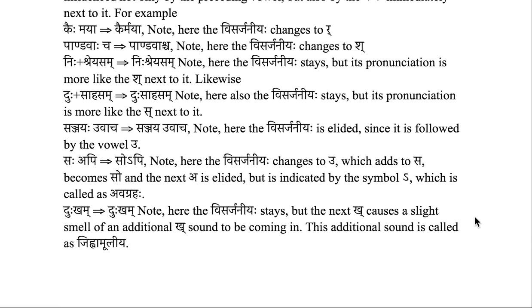Here also the visarjaniya stays, but its pronunciation is more like the sa next to it. Sanjaya uvacha. Note, here the visarjaniya is elided, since it is followed by the vowel u. Saha api, sopi. Note, here the visarjaniya changes to a, which adds to sa, so becomes sa u, so, and the next a is elided, but is indicated by the symbol S, which is called avagraha. Dukkham.